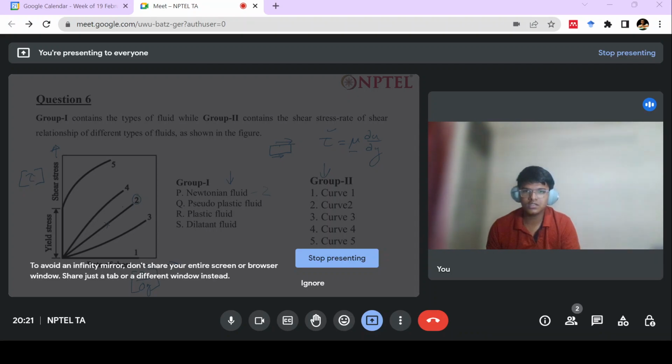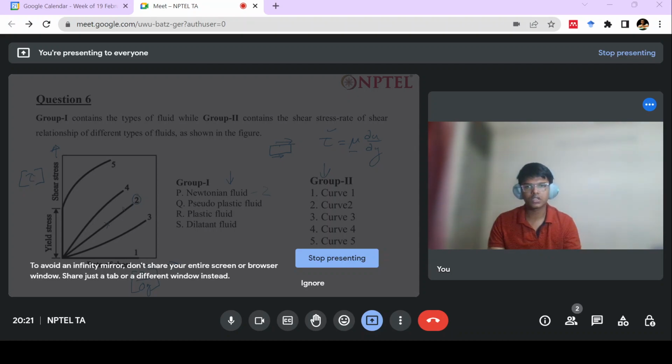So what are these? If you provide some amount of stress, it first behaves like a solid. So the shear is not proportional to the rate of shear, but to the amount of shear only. So the rate of shear is zero. As soon as you withdraw the stress, it won't keep on flowing. It will retain its original position, or some configuration, but it won't keep on deforming like a fluid.